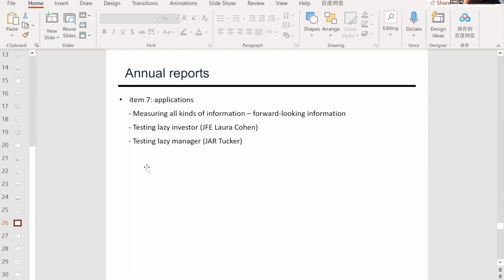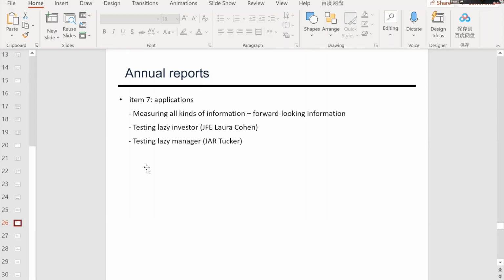For example, Item 7 talks about a lot about the future. You can use the discussion about the future to predict the future. Does it make sense? In the earlier example, they talked about having an outlook for sales and revenue in the future, and said they're going to switch to an online platform.